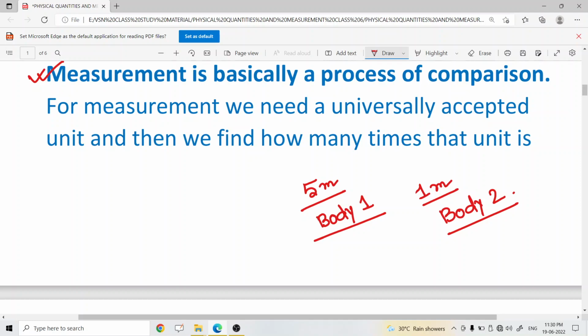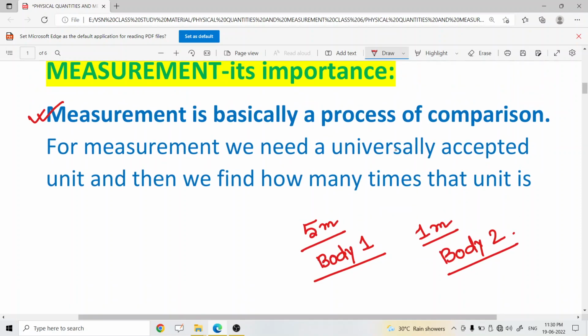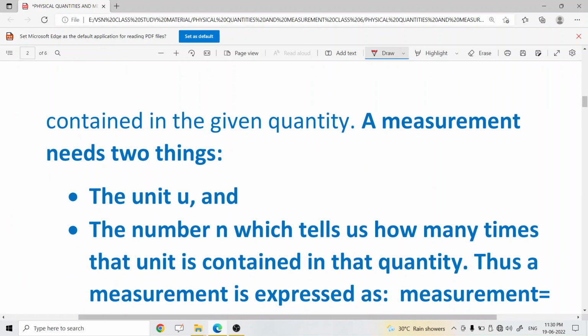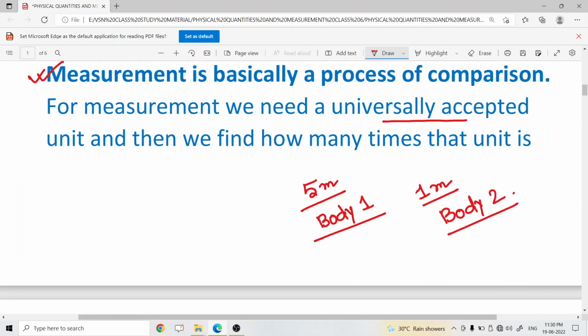In general, for measurement we need a universally accepted unit. Then we find how many times that unit is contained in a given quantity. Suppose we take two things, one length and another mass, then we cannot compare length with mass.